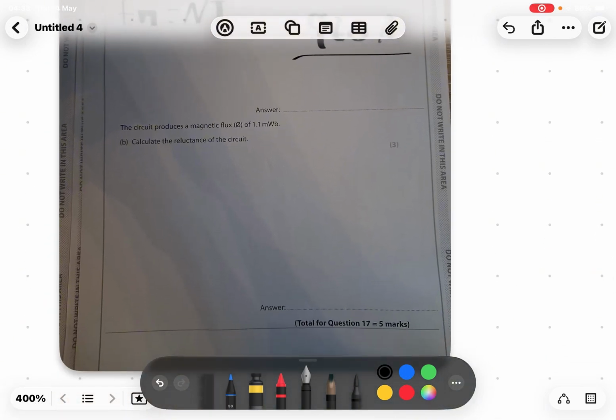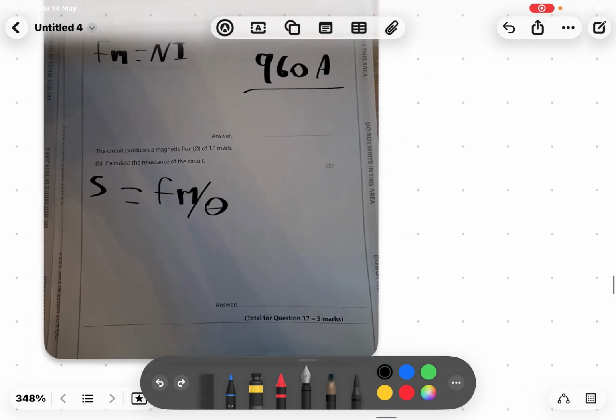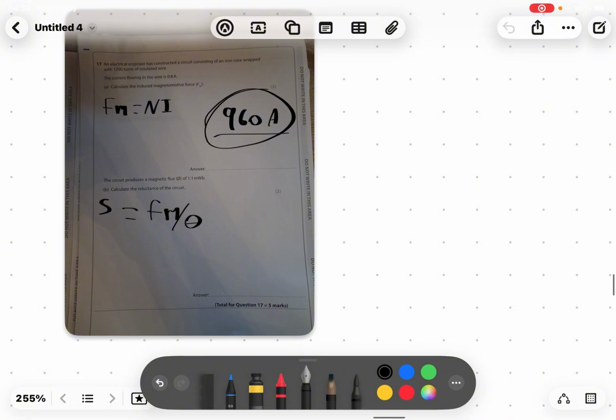Then calculate the reluctance of the circuit. And the S, which I'm not really sure what it is, equals Fm by this. So we're looking for this thing, so we just rearrange it. Oh wait, we'll do, no, we don't. We do this divided by this.